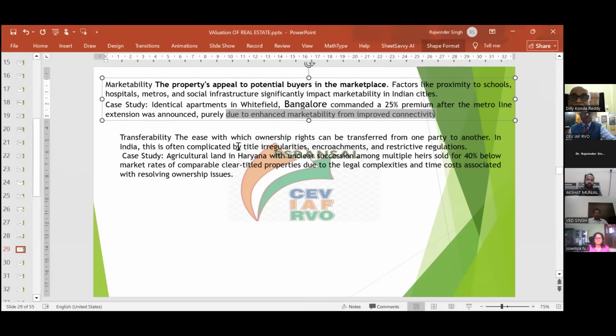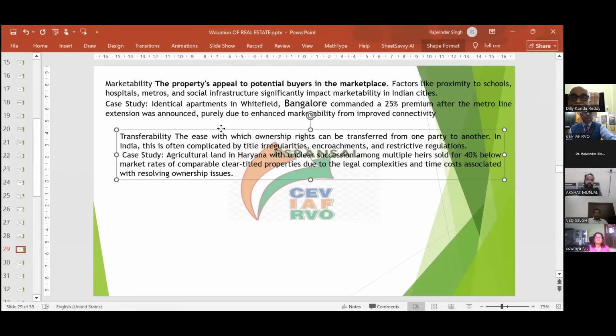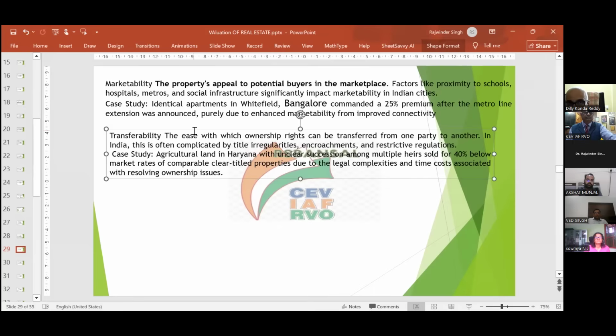And next thing is transferability. So basically, when a property is bought by a buyer from the seller, it means property has been transferred from the seller to the buyer. So what is transferability?